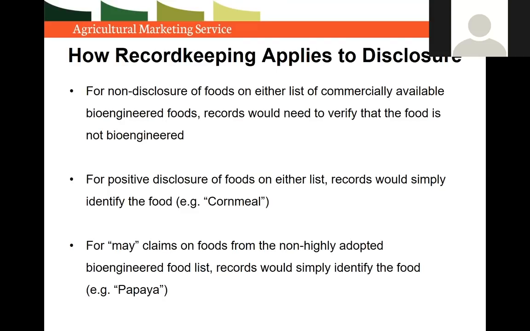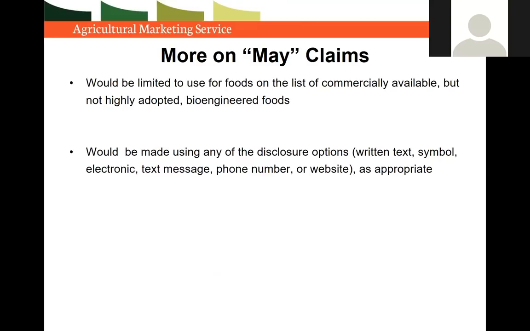If you sell a food that is either on the high adoption or non-high adoption list of bioengineered foods, but do not disclose, you would be required to maintain documentation to verify that the food in question is in fact not bioengineered. Now, if you're selling a food or food product on either of the highly adopted or non-highly adopted lists, and you choose to disclose the presence of bioengineering, you would only need to maintain records to show that the food or food ingredient is on one of the lists.